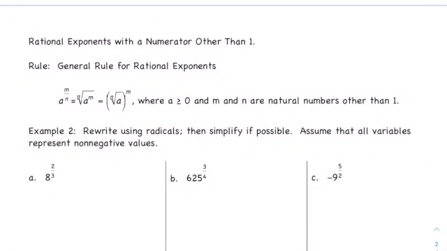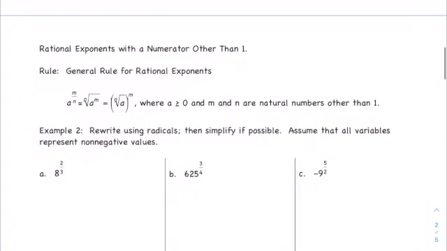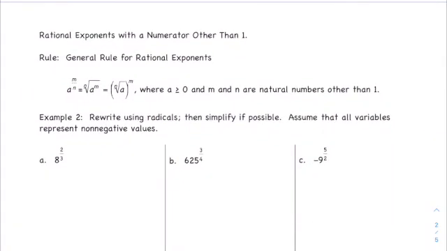Next topic, rational exponents with a numerator other than 1. Remember, notice all your little fraction exponents were all 1. So now we are going to discuss when they are not 1. Looking at the general rule for rational exponents, a to the m over n, m is not 1 anymore.